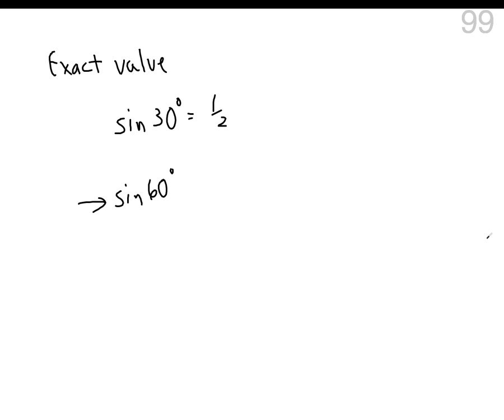Yes, Tom? Well, I might be wrong, but it has to be an exact value, so what I did is I did the sine of 60, and you have 0.86602. Then I stored it for x, and then I did x squared.